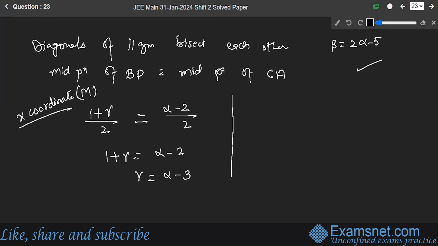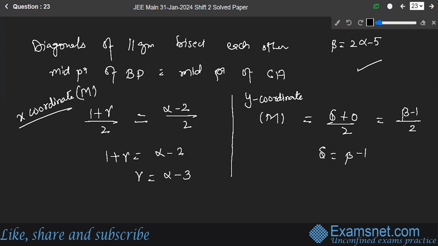And let's go for the y coordinate for M. This will be delta plus 0 upon 2 is equal to beta minus 1 upon 2. This gives me delta is equal to beta minus 1.